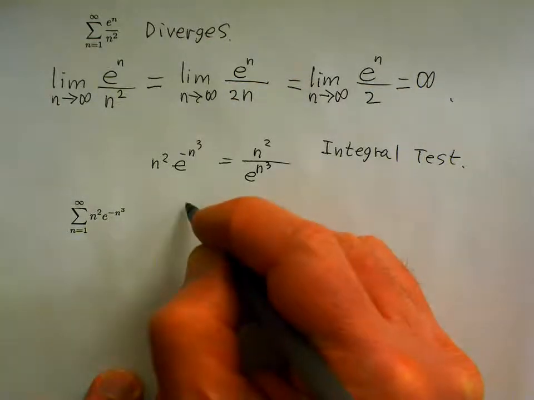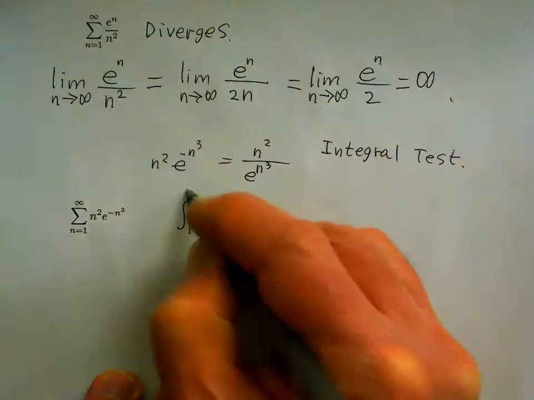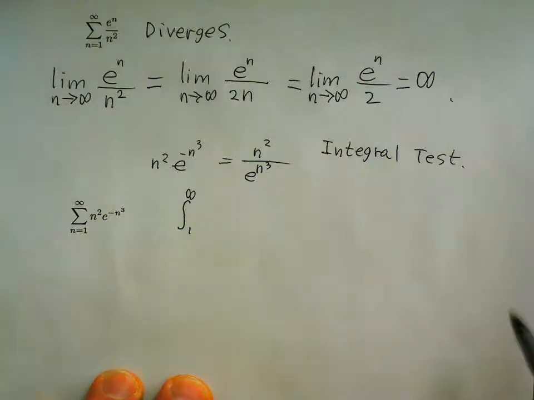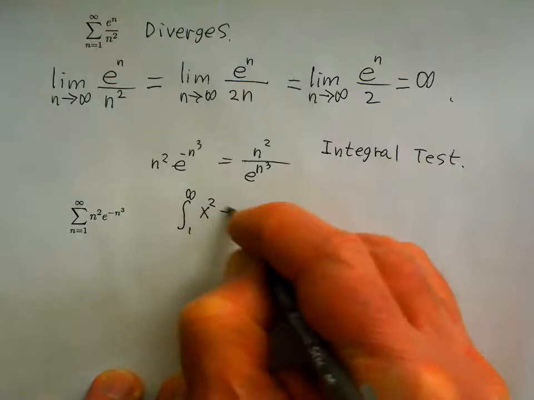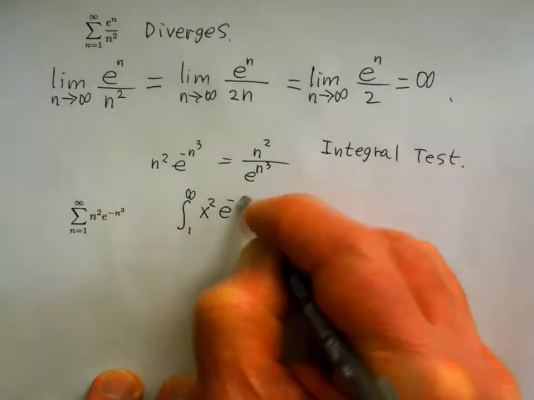All right, so the integral test, the improper integral from 1 to infinity of x to the second times e to the negative x to the third.